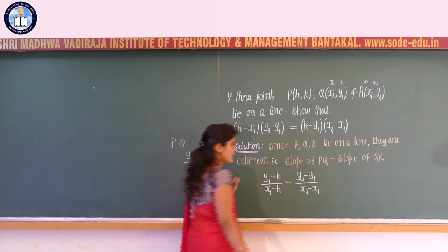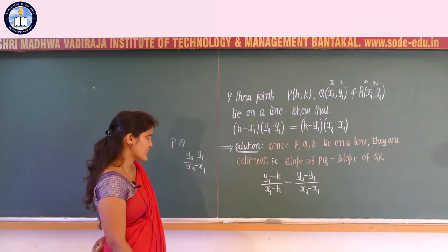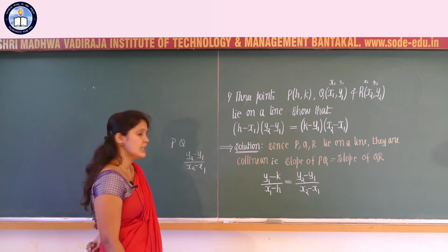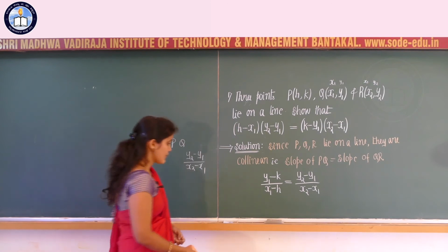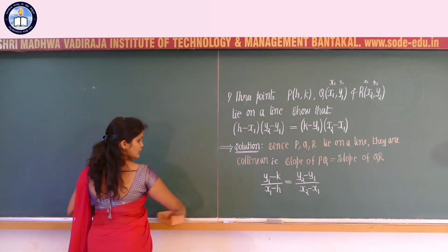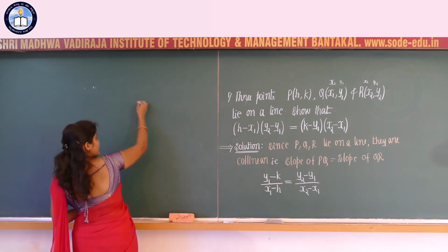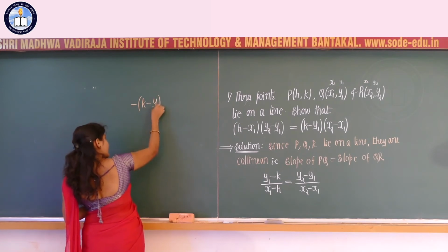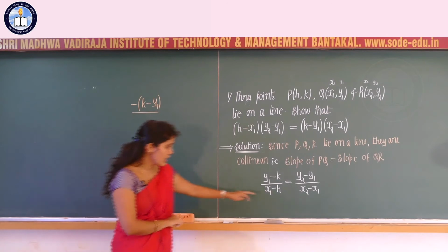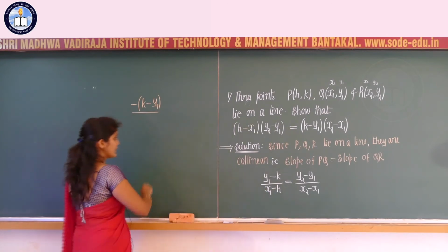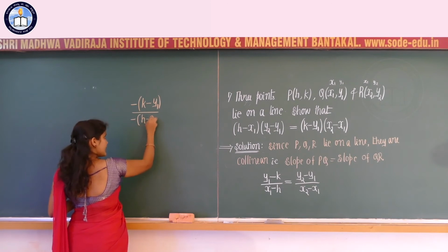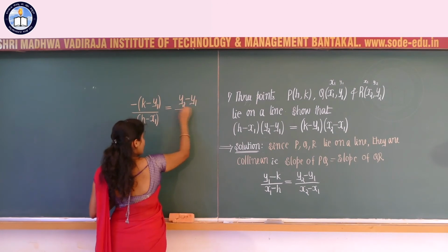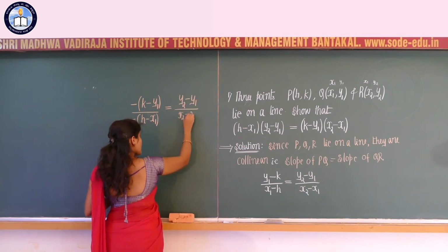Here it is given in the question that we should prove that h minus x1 into y2 minus y1 is equal to k minus y1 into x2 minus x1. From the numerator I can take the minus 1 outside, so that becomes minus of k minus y1, and from the denominator I take minus 1 outside, which becomes minus of h minus x1, equal to y2 minus y1 divided by x2 minus x1.